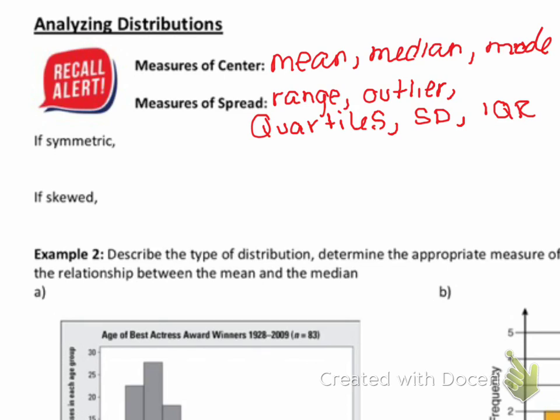If we have symmetric data, symmetric meaning there's no skew left or right, we are going to use the mean to represent our data, and our standard deviation.